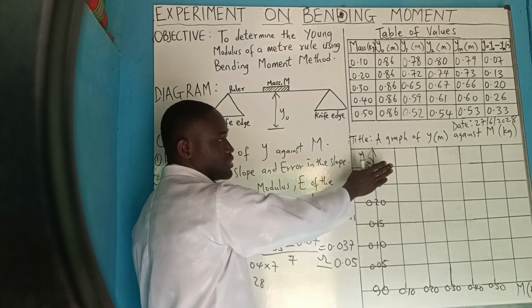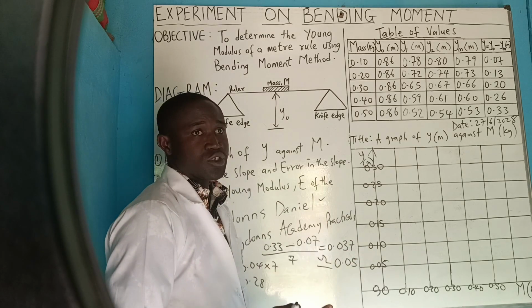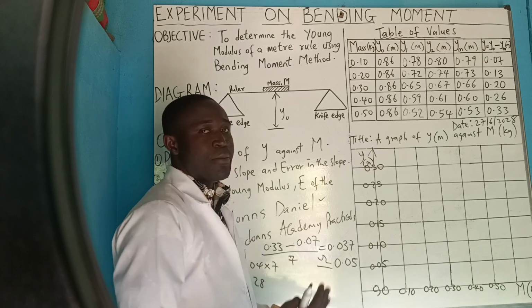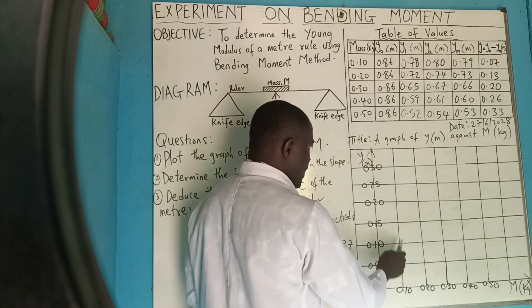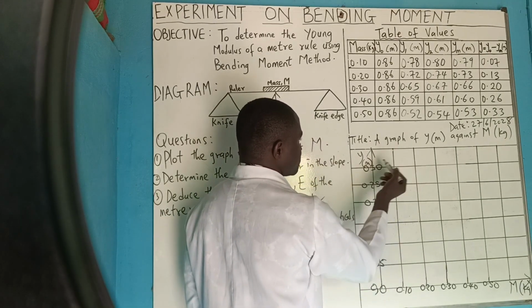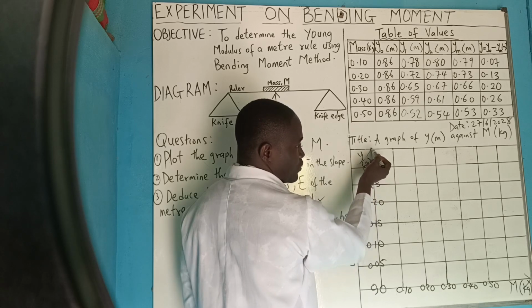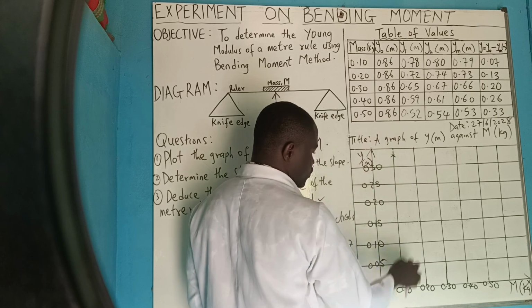Please, this is just a sketch of the graph. You have to plot your own and use the comment box to tell me what you get. This is just a sketch. 0.1 against 0.33. So this is 0.30, this is 0.35. So about in between is how we will get it.